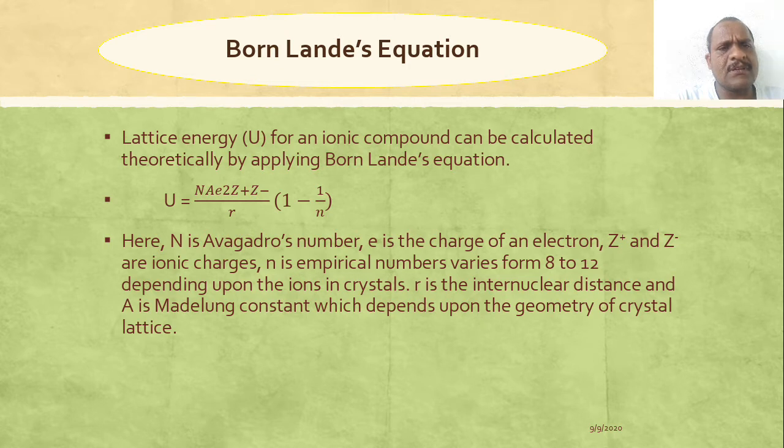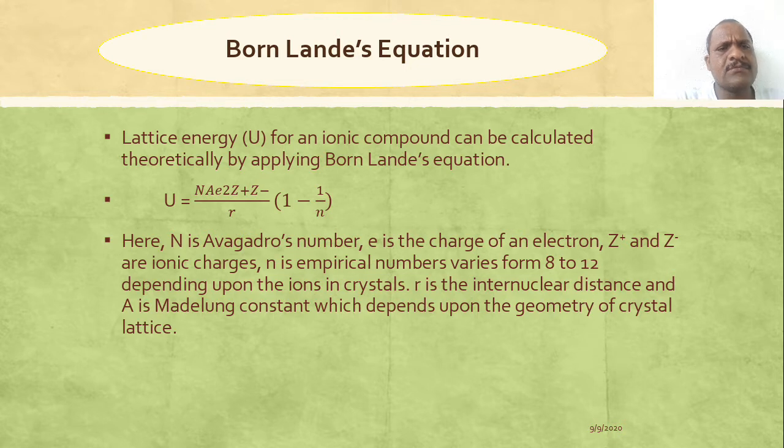Here the terms which are used: N is nothing but Avogadro's number, which is 6.023 into 10 raised to power 23. A is the Madelung constant, e is the charge of the electron, Z+ and Z- are the ionic charges of the ionic compound, and n is the empirical value which varies from 8 to 12.